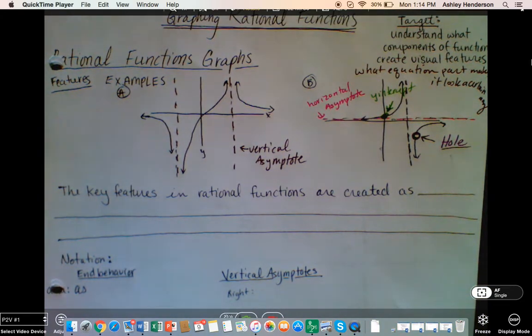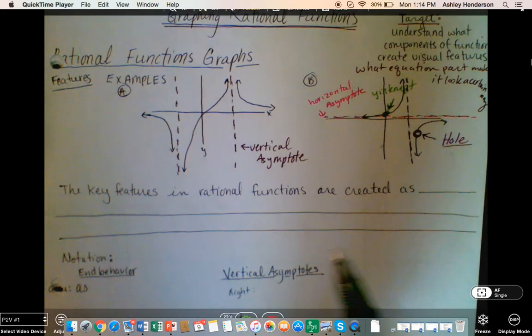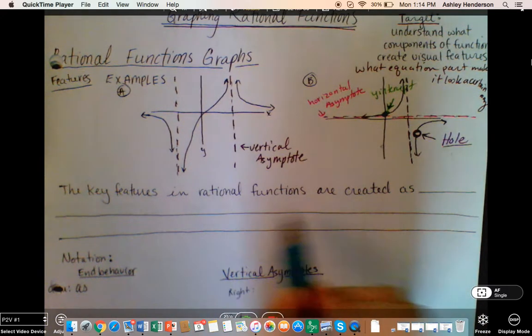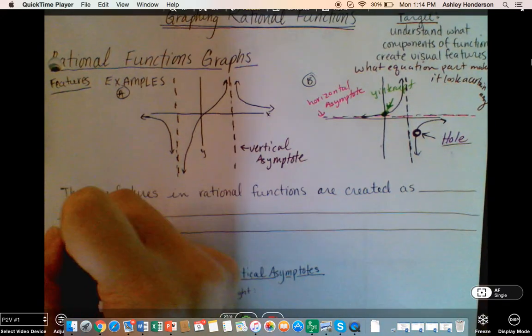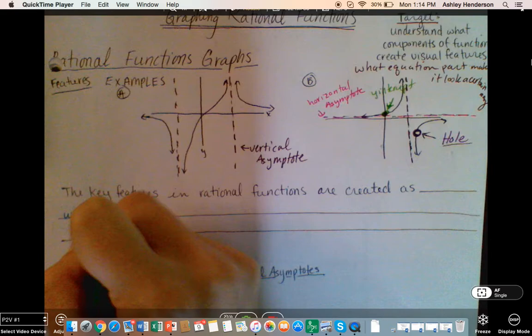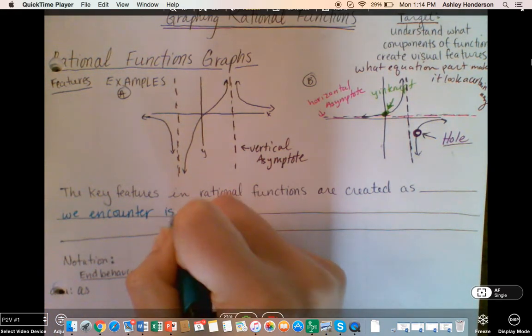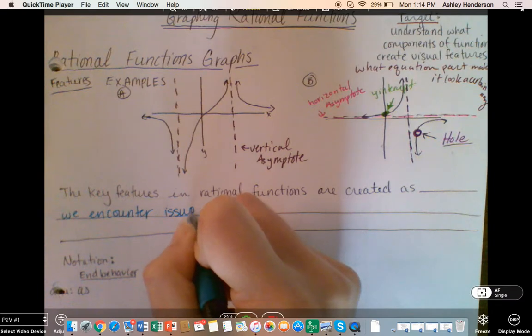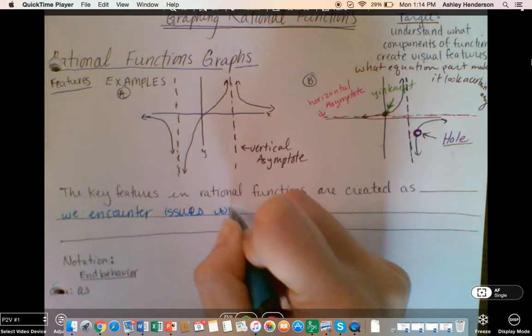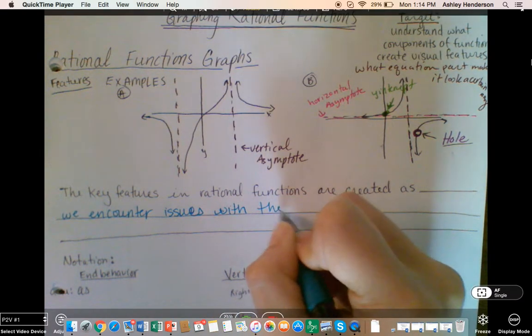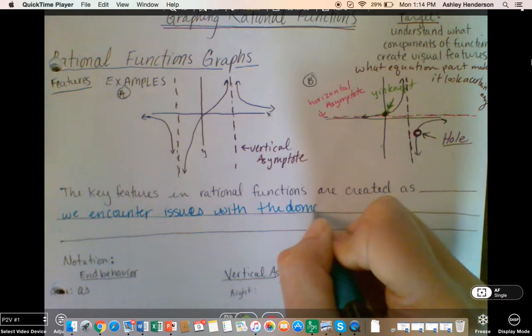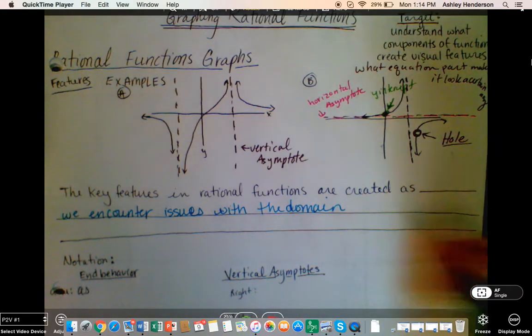The key features in rational functions, most of them, are created as we encounter issues with the domain. Okay.